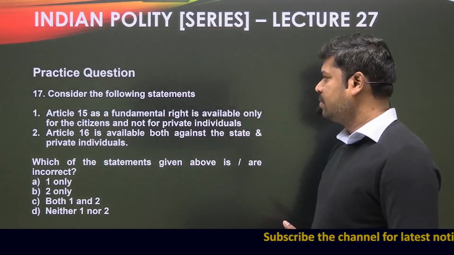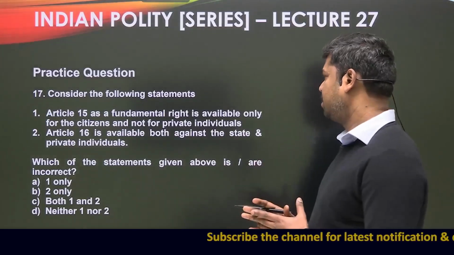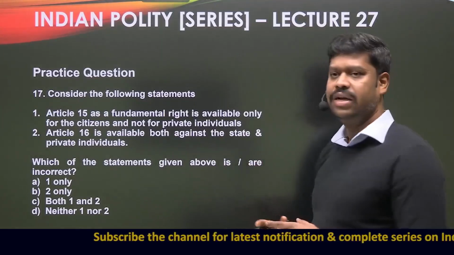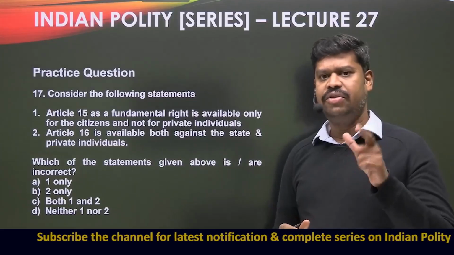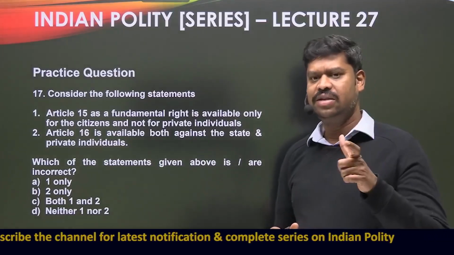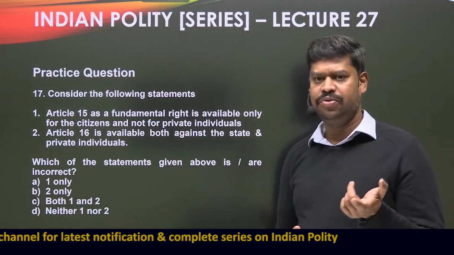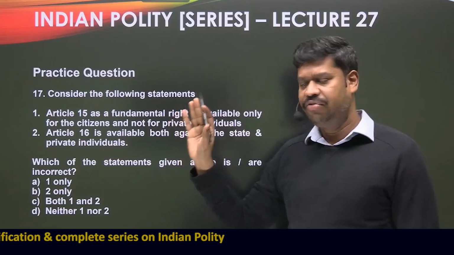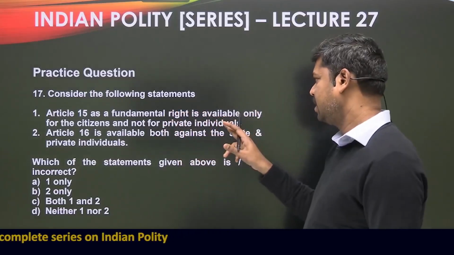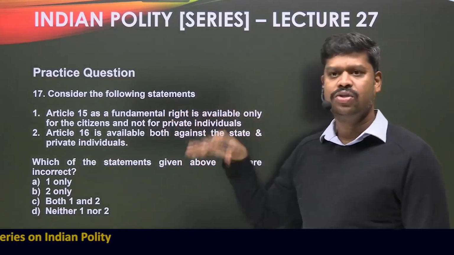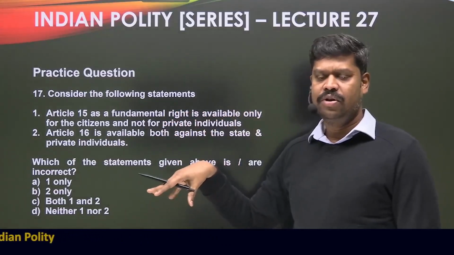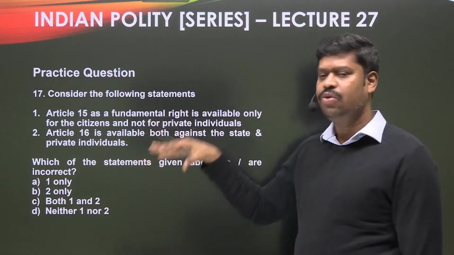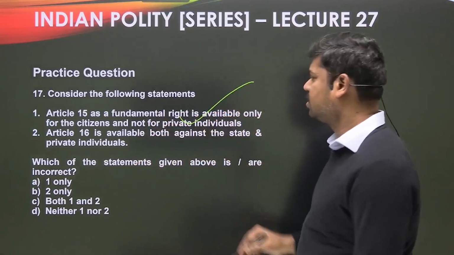Consider the following statements. Article 15 as a fundamental right is available only for the citizens and not for private individuals. This is true. To whom is Article 15 available? Article 15 is available only to the citizens, because we have seen that Articles 15, 16, 19, 29 and 30 are only for the citizens.